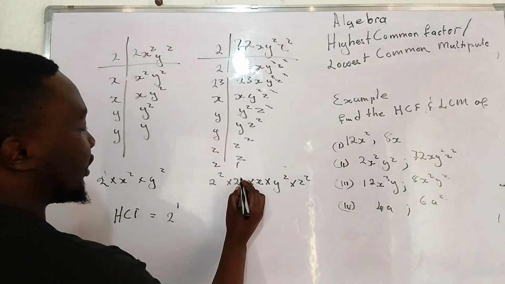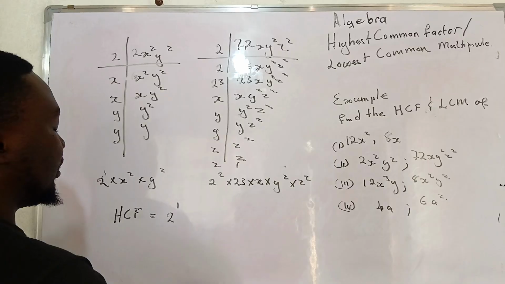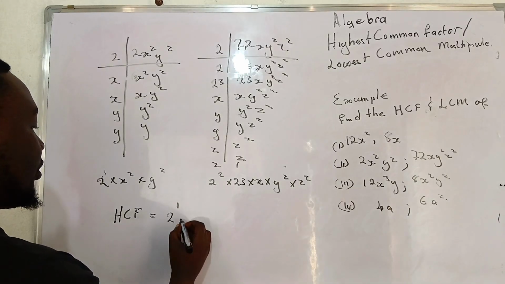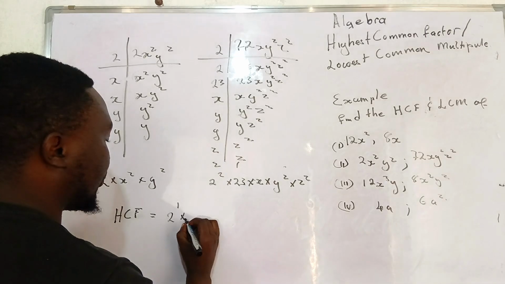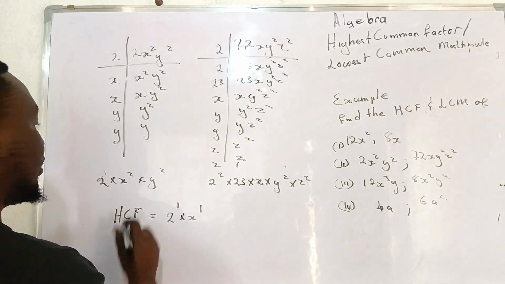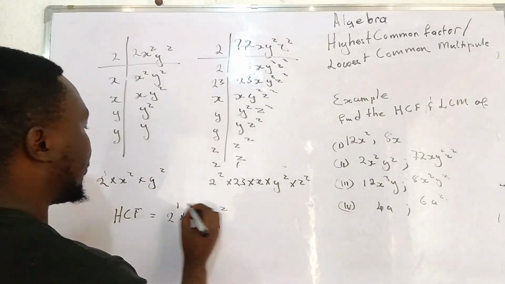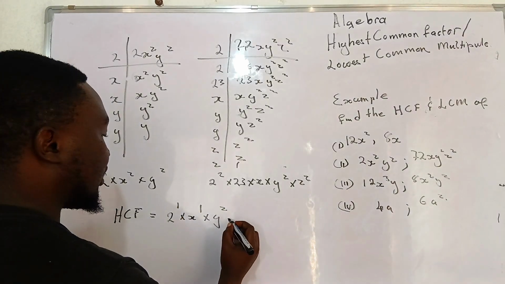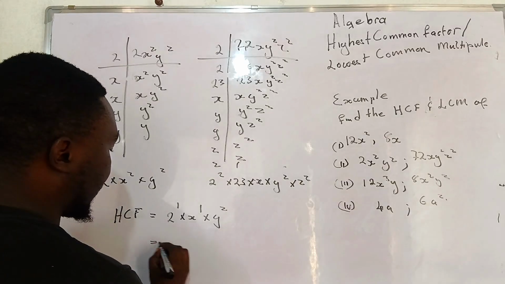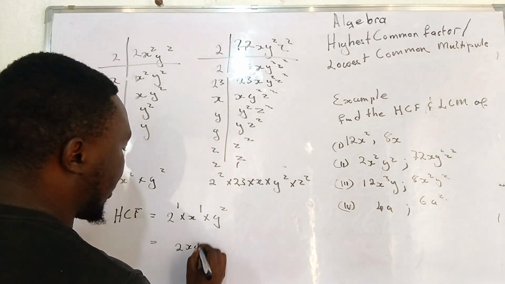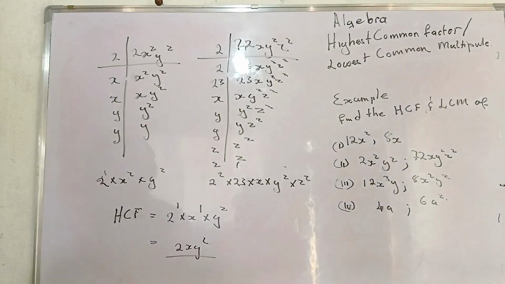This is 23, right? 2 to the power 1. So on x, it's multiplied by x to the power 1. Y, that's multiplied by y to the power 2. And z, we don't have z here. So the highest common factor is 2xy², because that's the highest common factor.